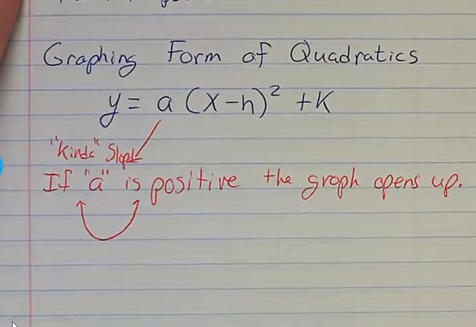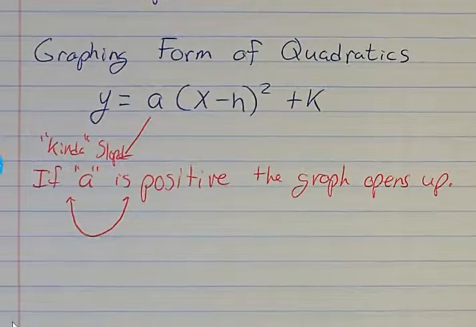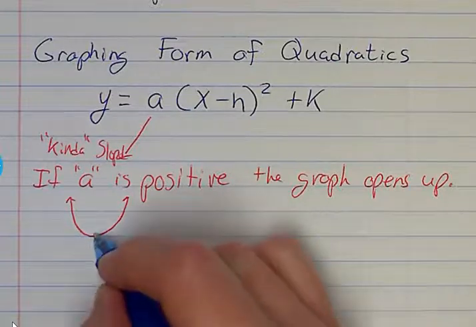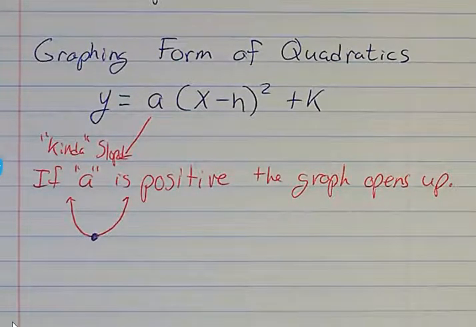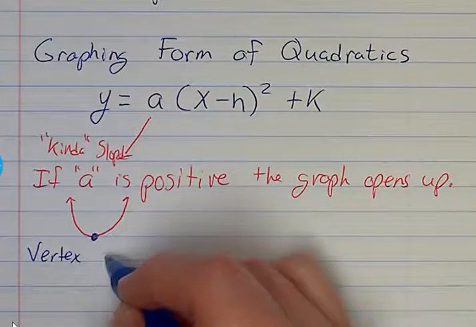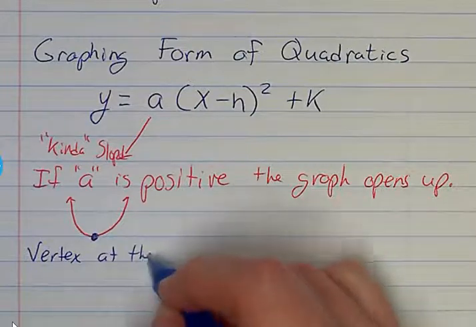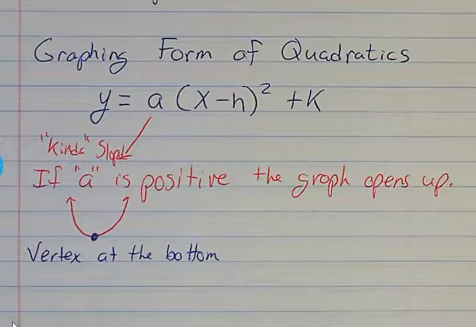Now here's where the max or min comes in. Here's where we're going to add in something that, again, we didn't talk about with absolute values, but we almost could have. Your vertex would be at the bottom of the graph. Okay, if it's at the bottom of the graph, is that the maximum point or the minimum point? It's the minimum, right?